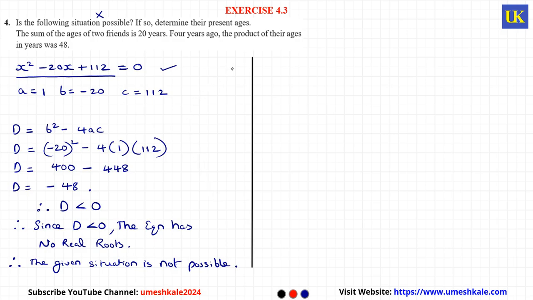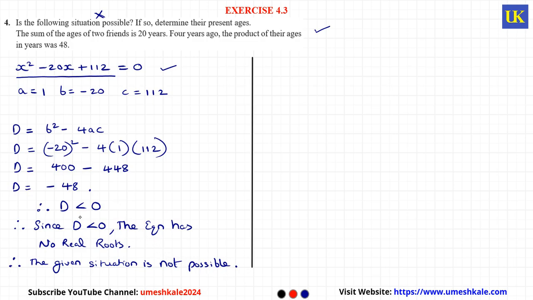So whatever the situation they had given, they had asked us to find whether it is possible. So no, it is not possible, because the value of D is less than 0. It should be either equal to 0 or greater than 0 to get real roots.